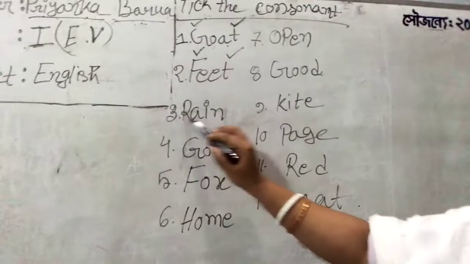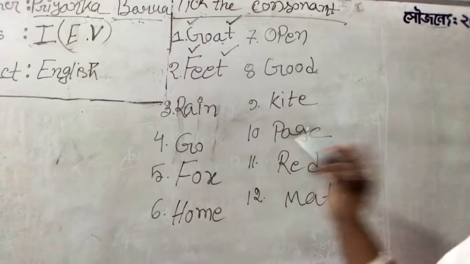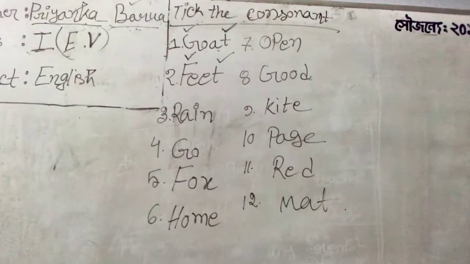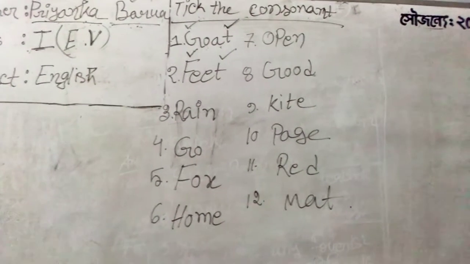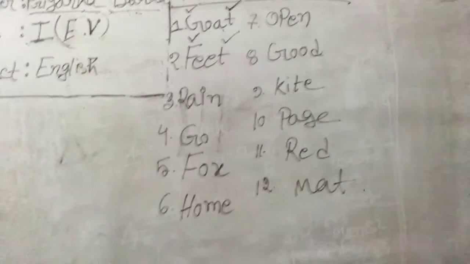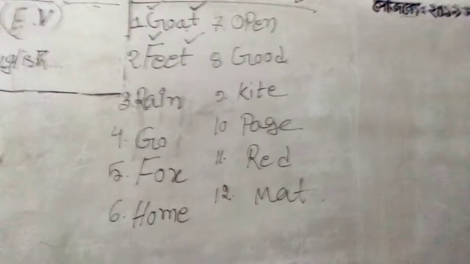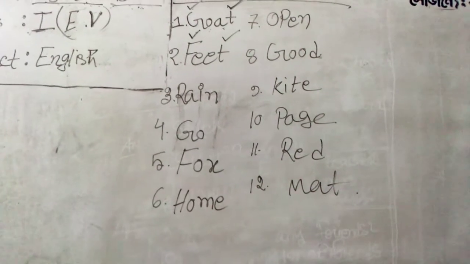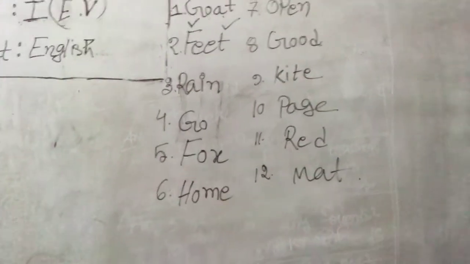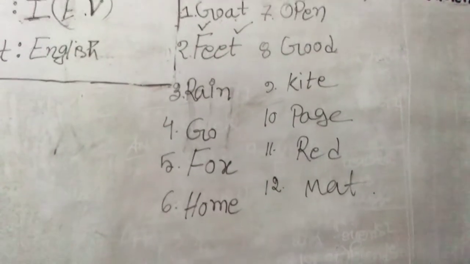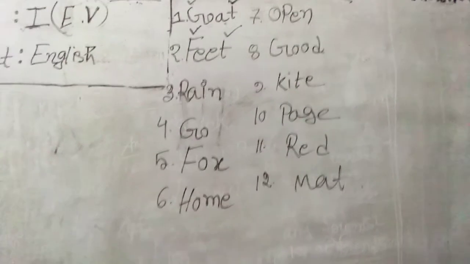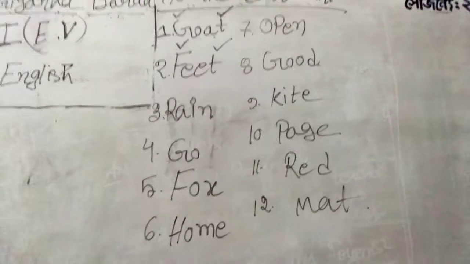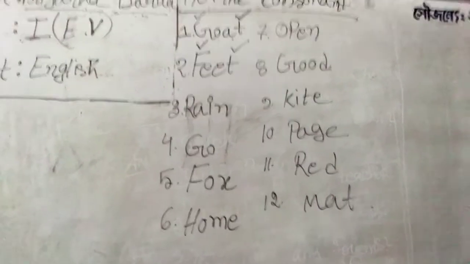Then R-A-I-N, rain. We have a poem titled "Rain, Rain": rain, rain, go away, come again another day. So in rain, what are the vowels here? A and I. Should I put the tick mark on vowels? No, I can't. Why? Because I have already told you that you should tick the consonant.